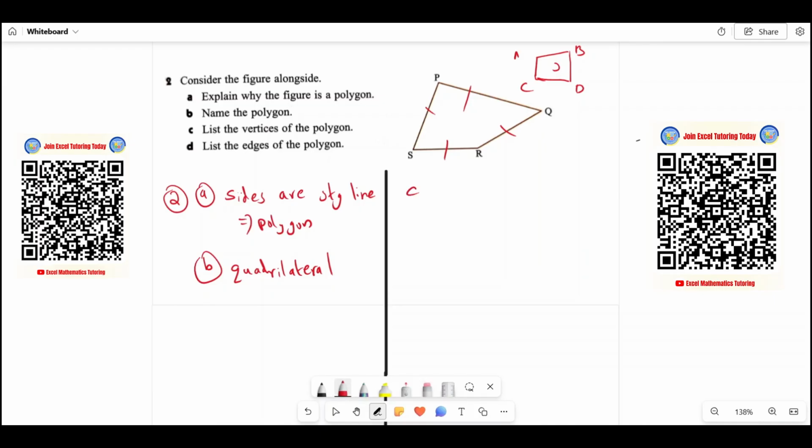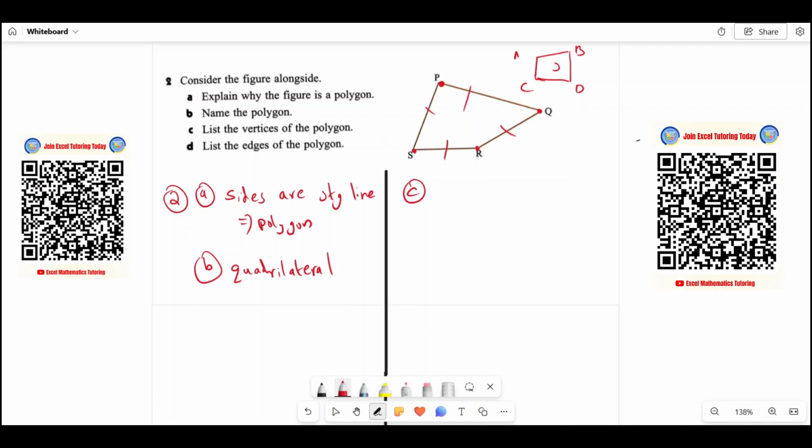And for C, list the vertices of the polygon. Vertices means a point where two or more lines or edges meet. What is the meeting point of this one? This one is the meeting point; two lines are meeting at one point, which we call a vertex.